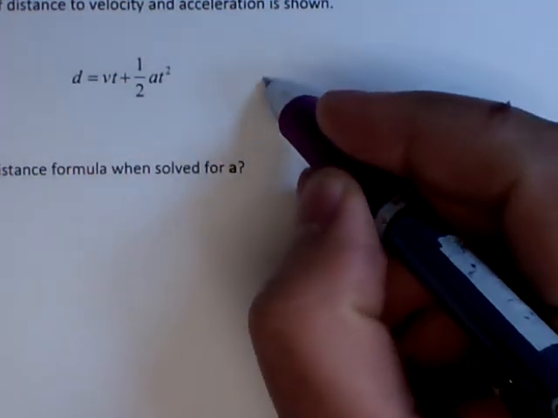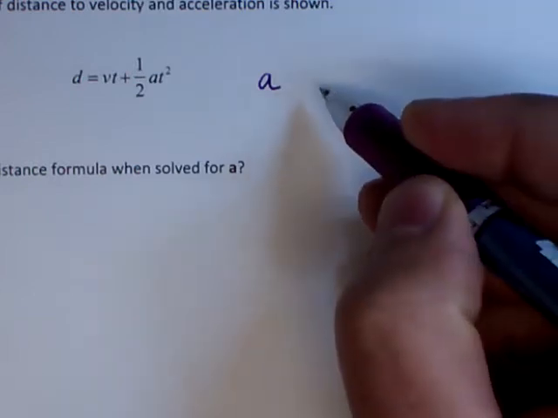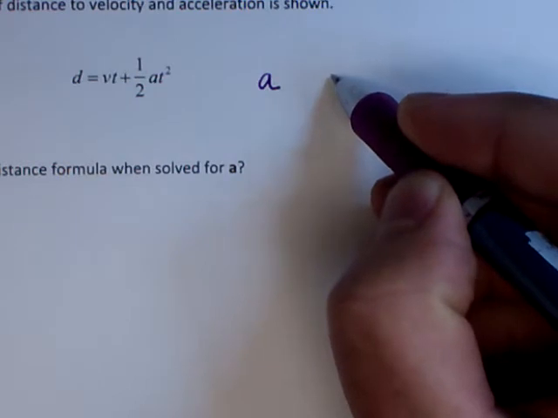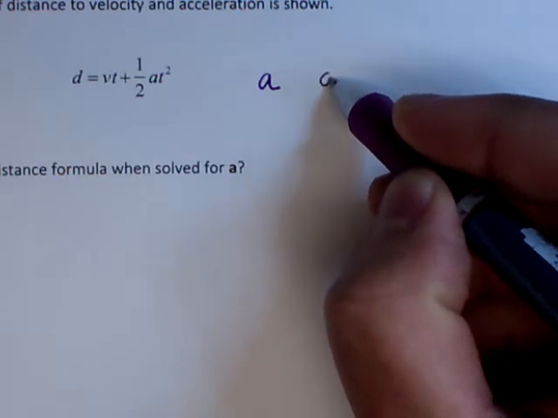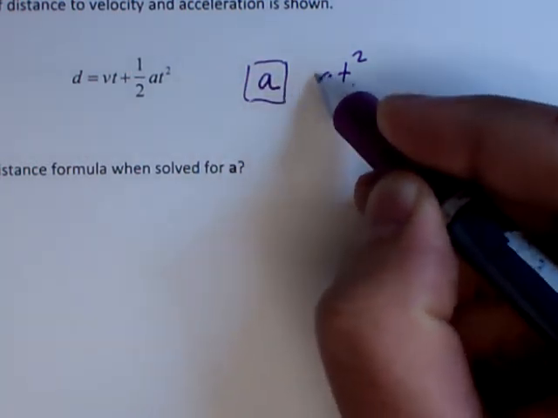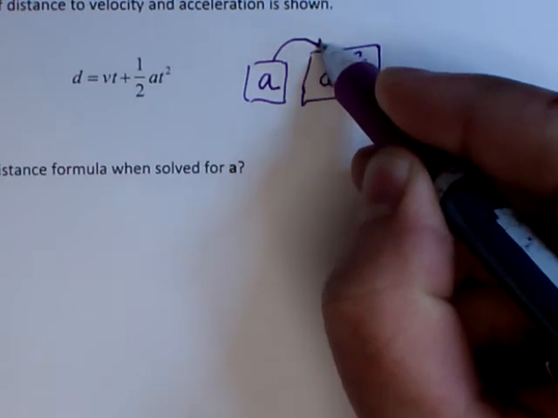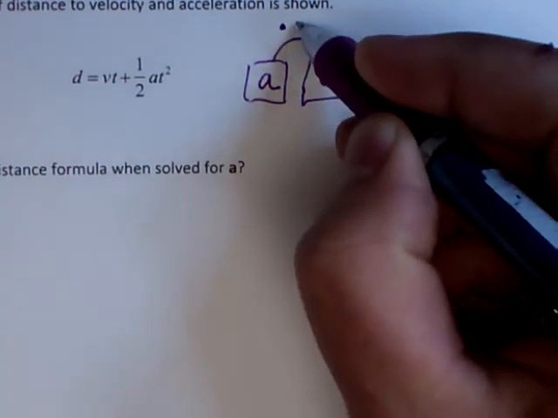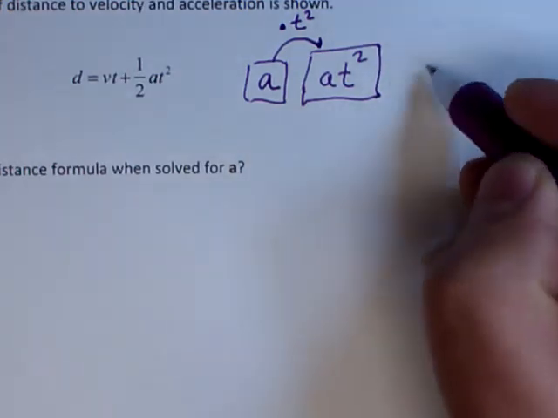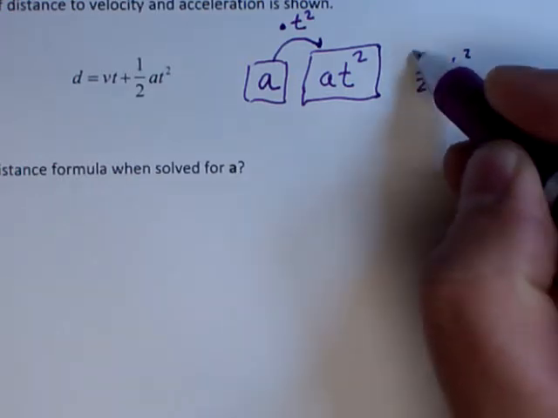I start with A. The next thing I see is that I have AT squared. How did I get from A to AT squared? I multiplied by T squared. From AT squared, I then have 1/2 AT squared.